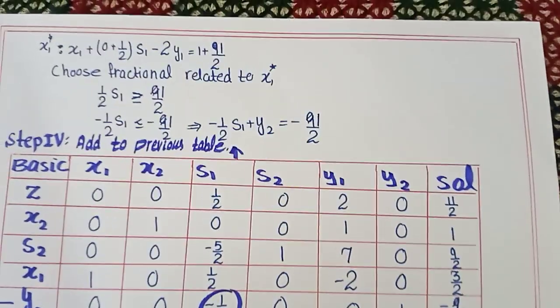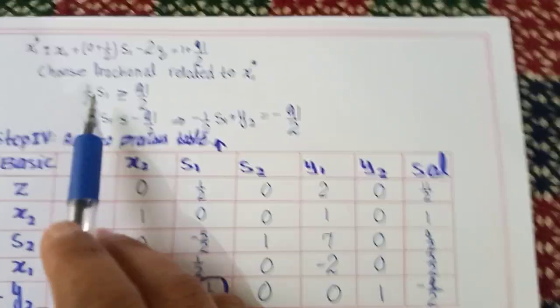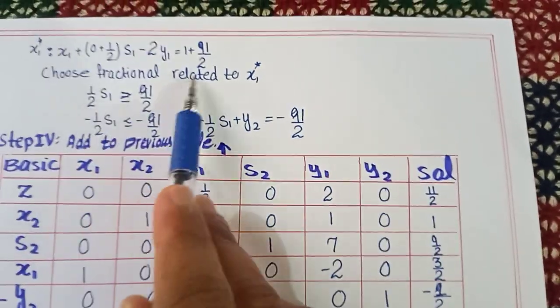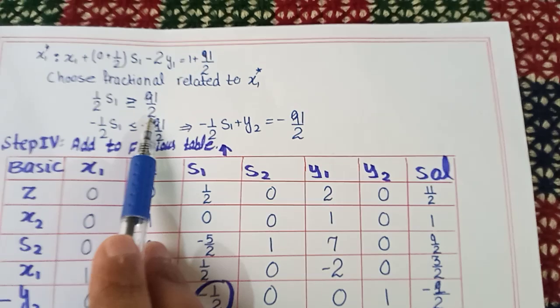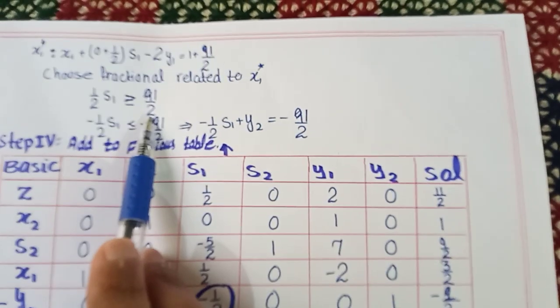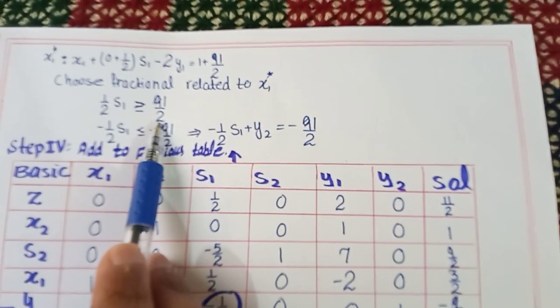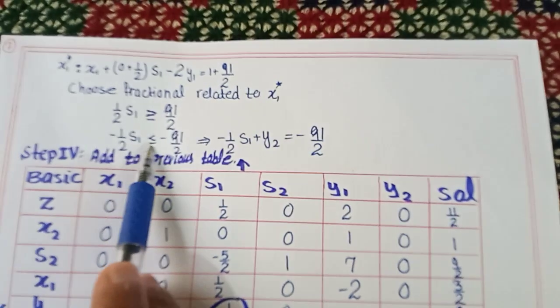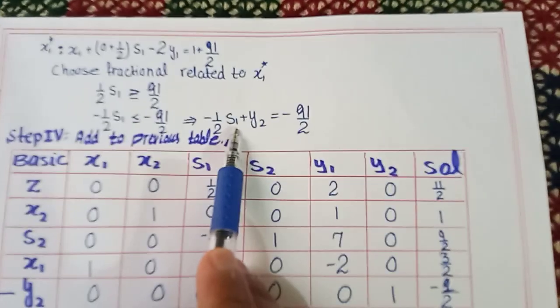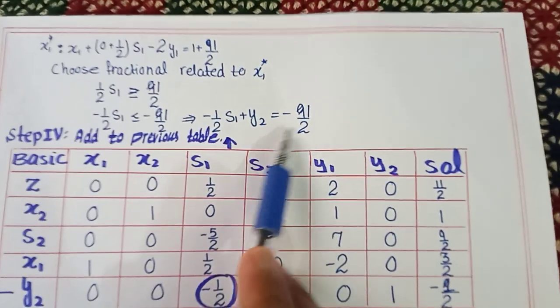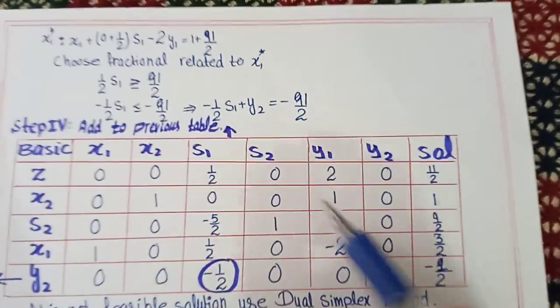Only use the fractional part: 1 over 2 s1 is equal to 1 over 2. Multiply both sides by minus; the constraint changes: minus 1 over 2 s1 plus y2 is equal to minus 1 over 2.